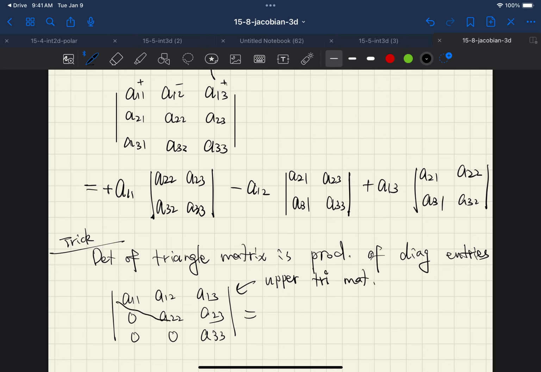In this case, you don't have to work on cofactor expansion along the first row, which is very complicated. You only need to multiply the 3 numbers on the diagonal, and that's it.